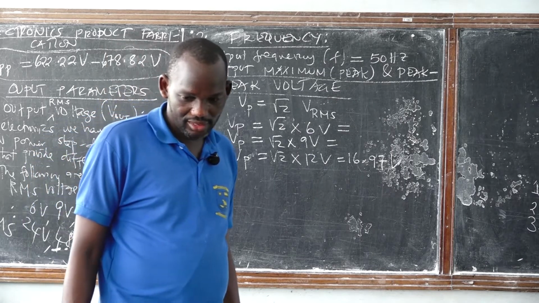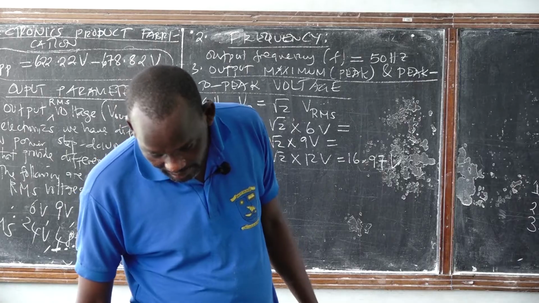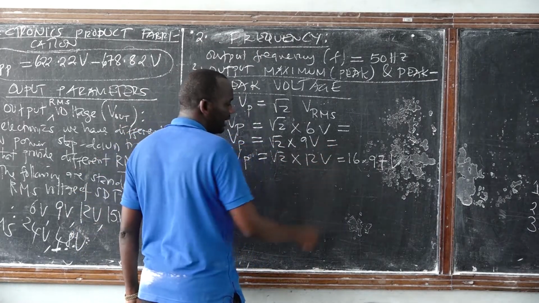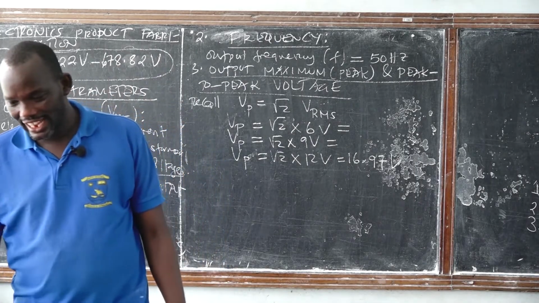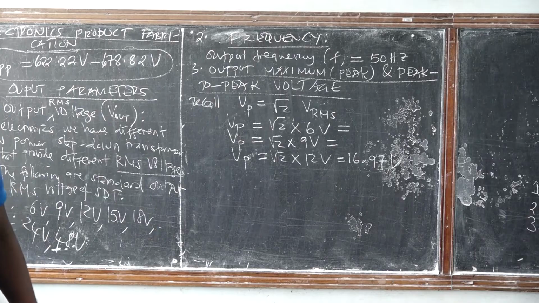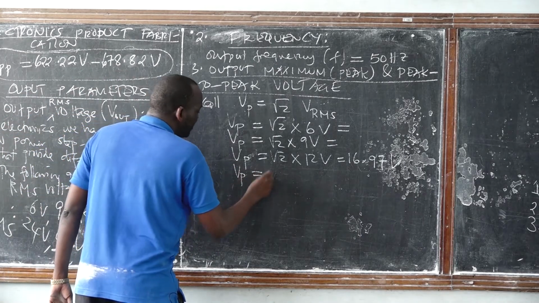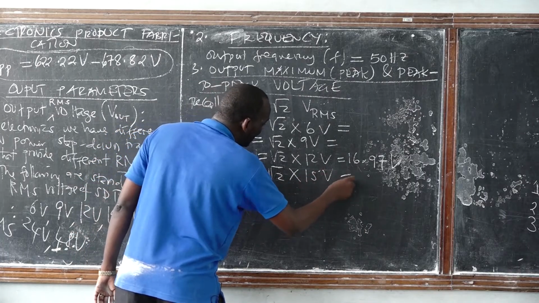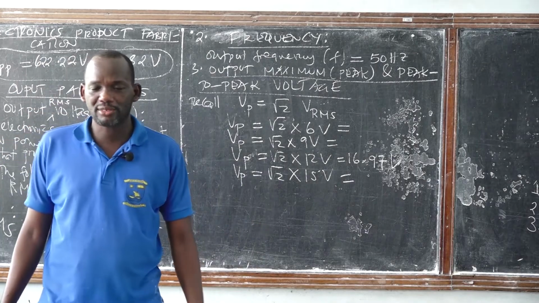You can borrow. 18. So you just carry a calculator during the examination time. Pili, 15 times square root of 2.